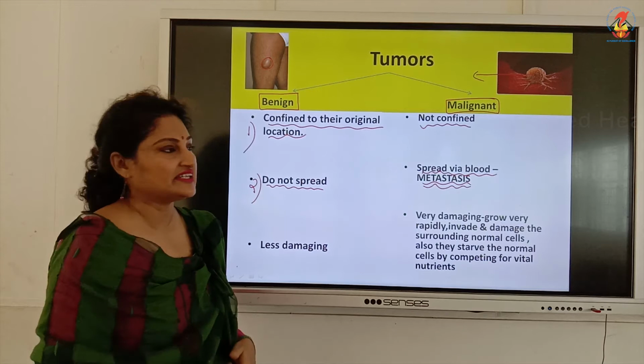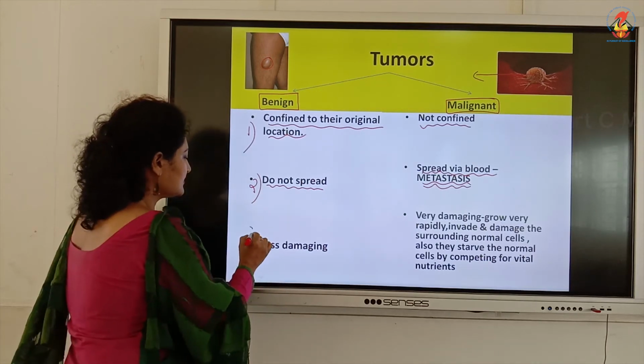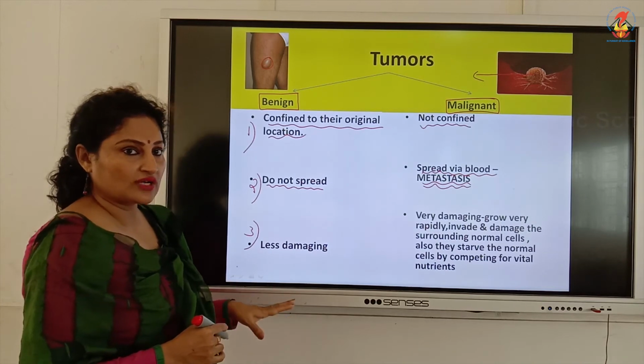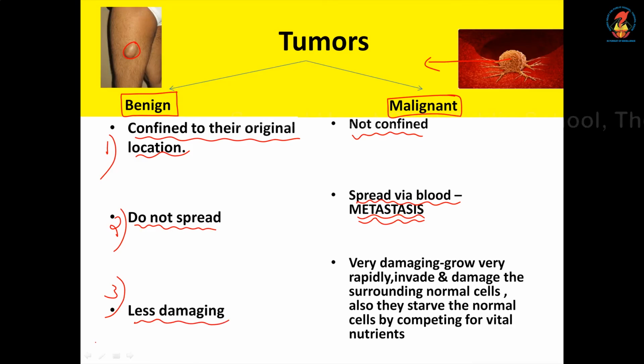So, it is very, very dangerous. Third, this benign tumor, because of its slow growth and being highly localized, is less damaging. It shows slow growth and does not spread.